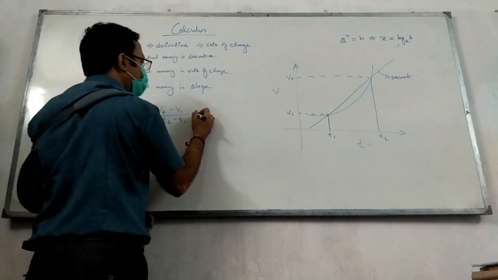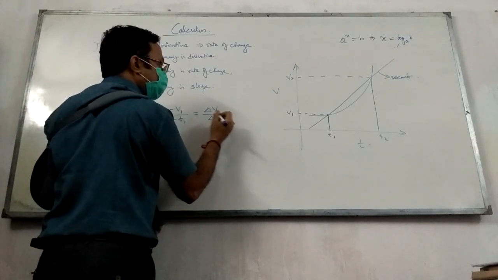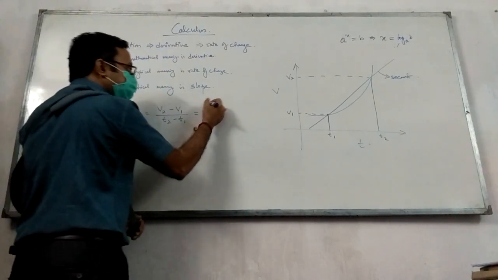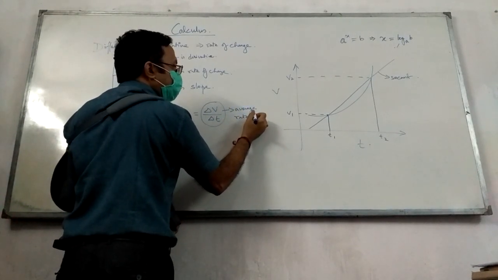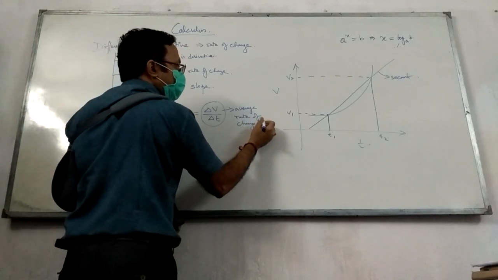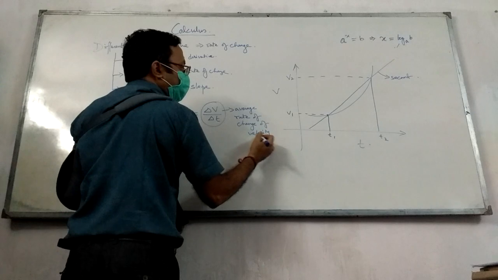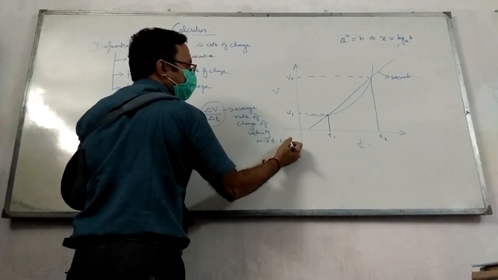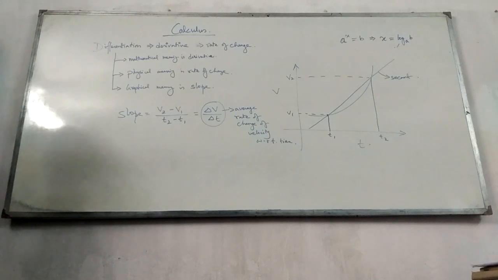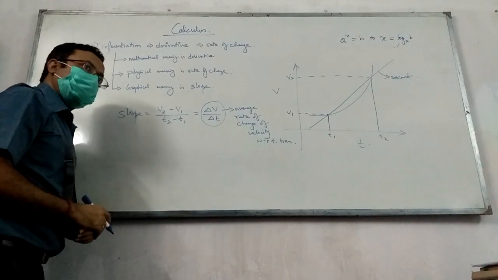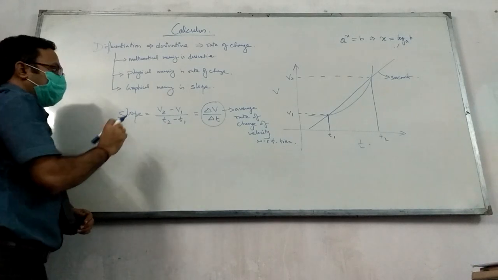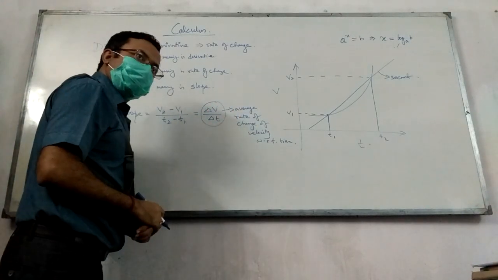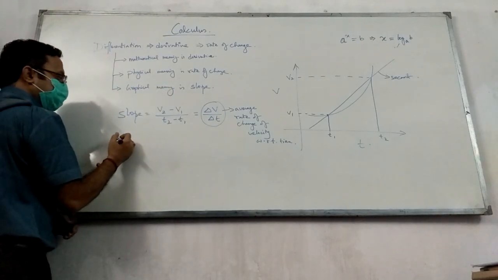So this basically gives you delta V by delta T. This is the average rate of change of velocity with respect to time. Between two specific points, it is always the average rate of change.